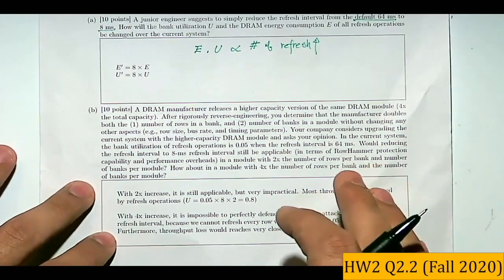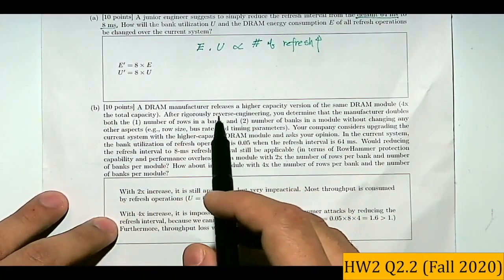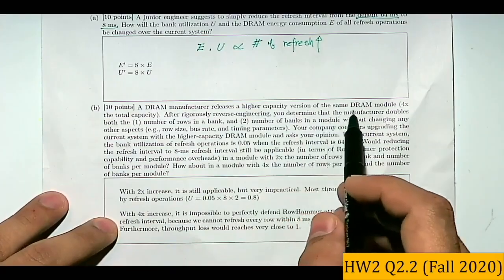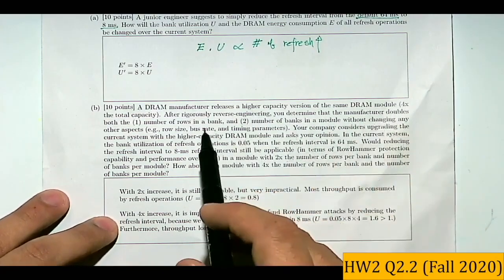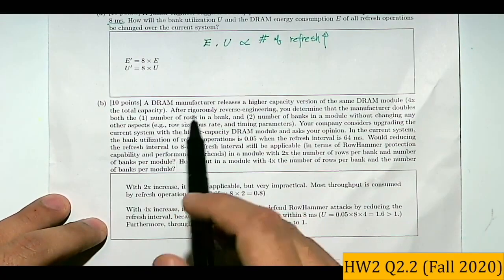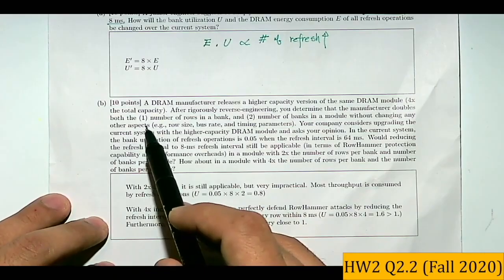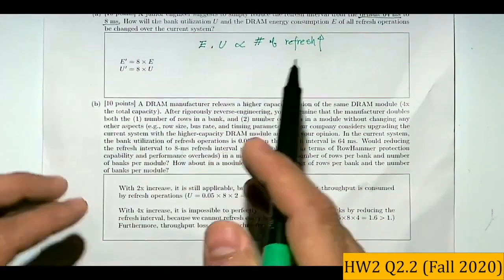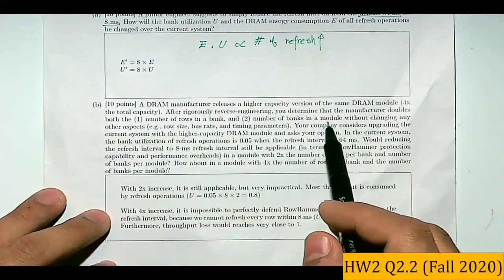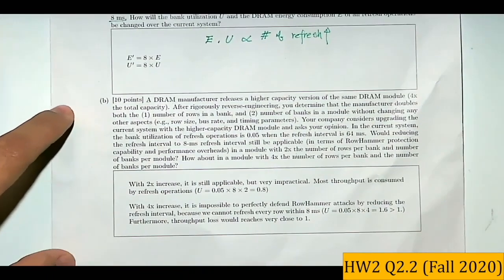So the recent DRAM manufacturer successfully released a higher capacity version of the same DRAM module. And you figured out, with rigorous reverse engineering, that they only doubled the number of rows in a bank and the number of banks in a module without changing any other aspects.